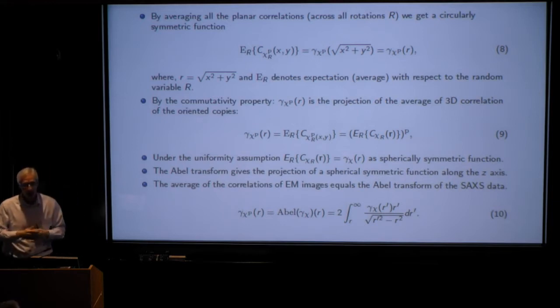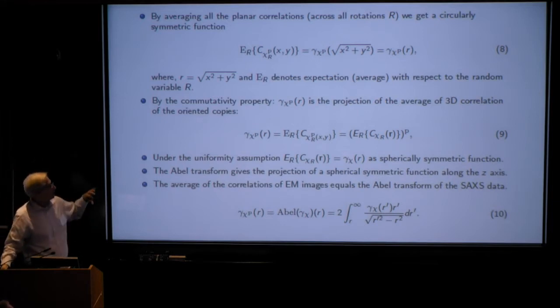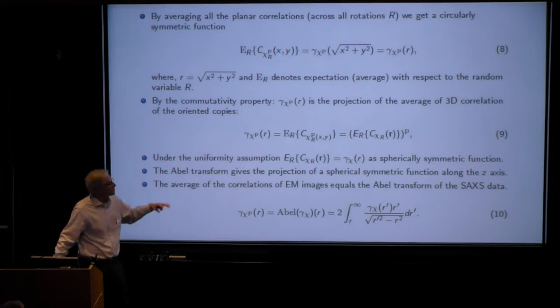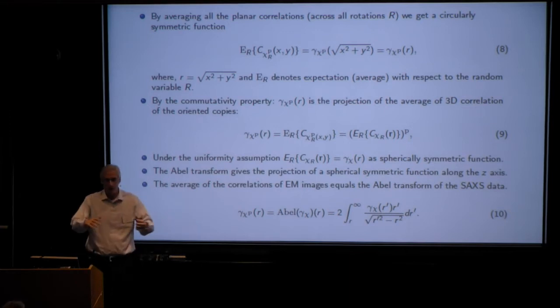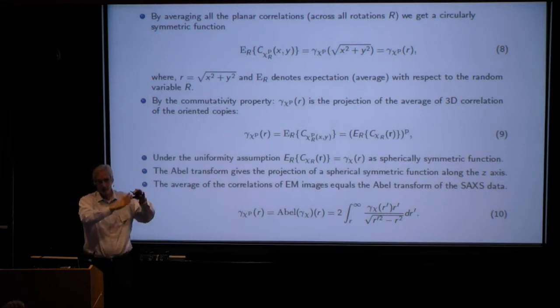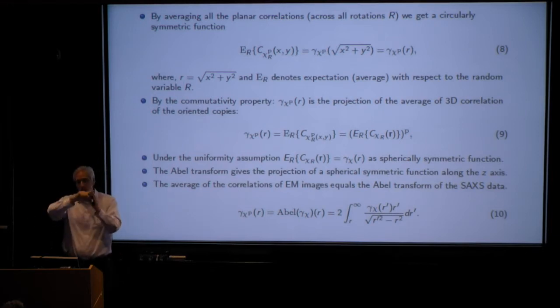And then we have the P of R function on spheres, the pair distribution function from SAXS. And what we showed in this paper is that you can use something called the Abel transformation to relate this data, which is sort of like projecting from the sphere to the circle, and do the inverse Abel transform. So basically we can compare the P of R functions that is generated computationally from the ensemble of EM data with the SAXS data, just to make sure at least that those P of R's match each other.